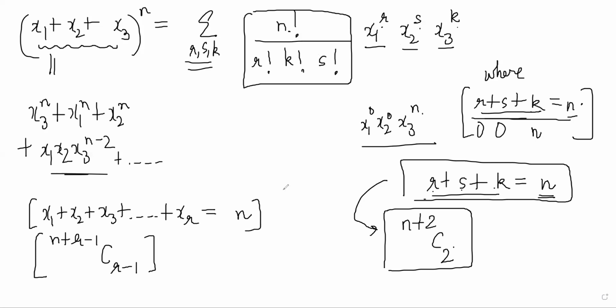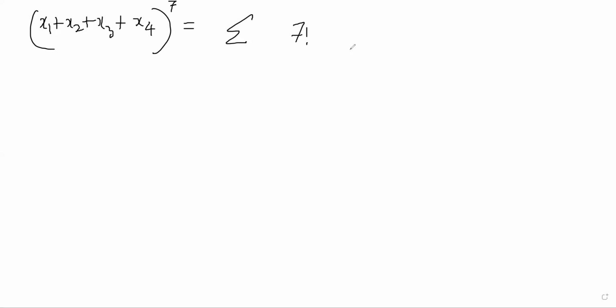So for example, let's take an example of how to write the general thing. Let's say we have x1 plus x2 plus x3 plus x4 and we have to do whole power 7. In this case, I will write the general term like this: 7 factorial by r s k t, and it will be x1 power r, x2 power s, x3 power k, x4 power t.